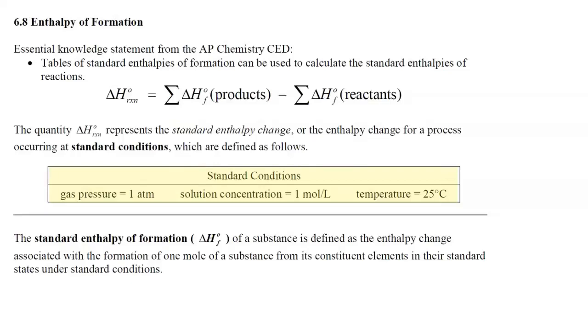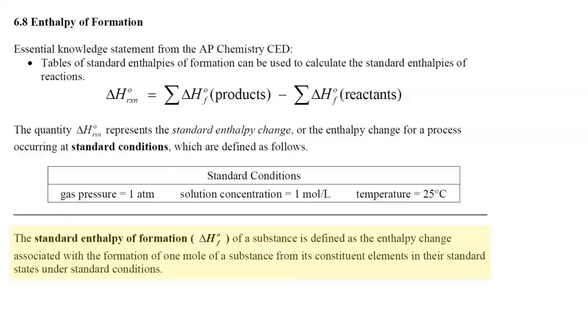Now, when you see that degree symbol, that means standard conditions, and when you see the subscript F, that refers to the enthalpy of formation. So the standard enthalpy of formation is defined as the enthalpy change associated with the formation of 1 mole of a substance from its constituent elements in their standard states under standard conditions.